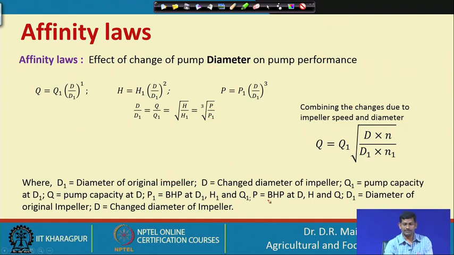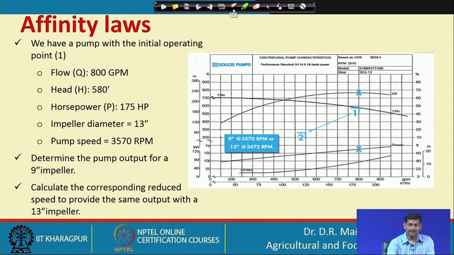So, that is if you have both changes. As an example, if you know the diameter and other parameters, you can estimate the parameters corresponding to the change in impeller diameter.